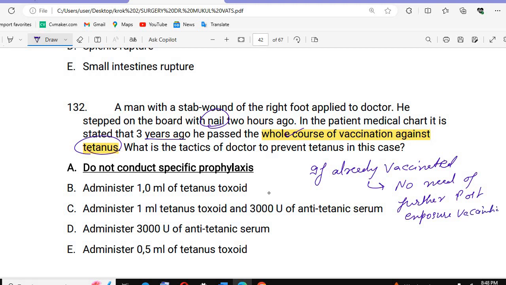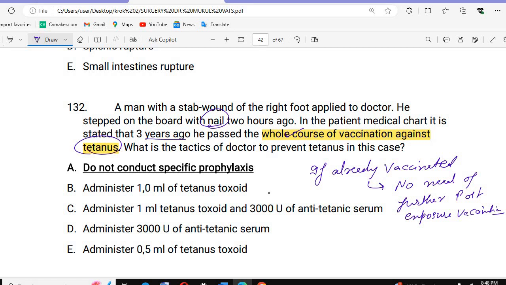In case of rabies we discussed that if the vaccination has been done, then we give immunoglobulins to persons who have not been vaccinated. In rabies, if the person has not been vaccinated or cannot recall whether the vaccine was given, then we have to give the vaccine along with the immunoglobulins. But in rabies, if vaccination is already given, there is no need of further post exposure vaccination.